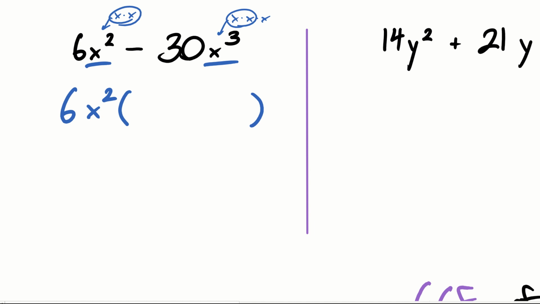Because at the very, very minimum, between x squared and x cubed, there's at least x squared in both of them. Is there an x squared somewhere contained in x squared? Well, of course. Is there an x squared somewhere contained in x cubed? Of course there is.